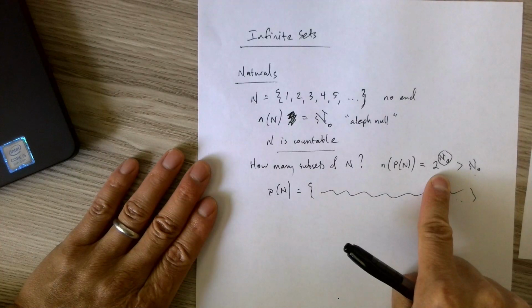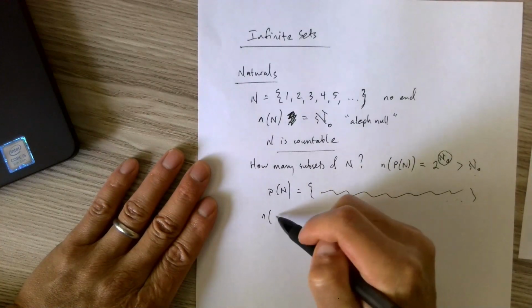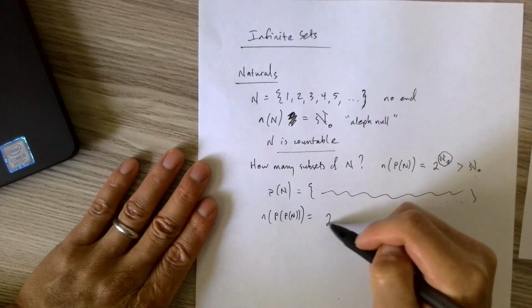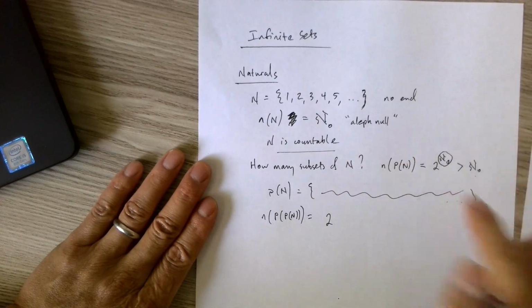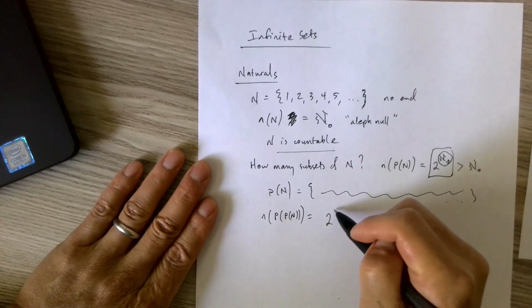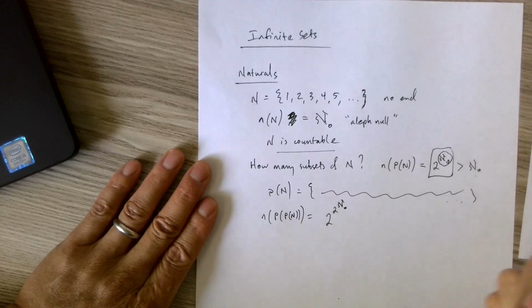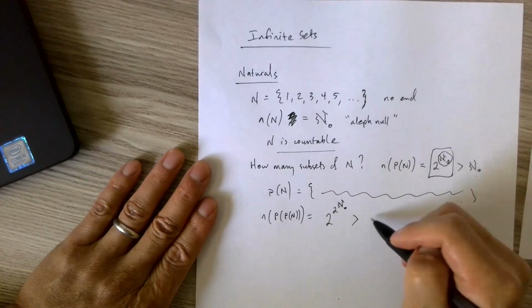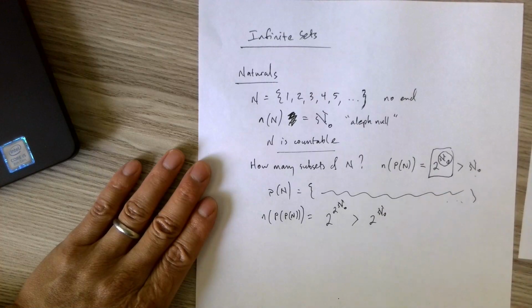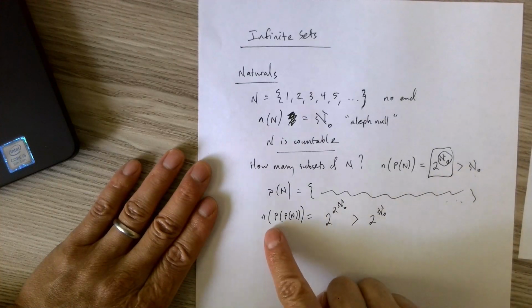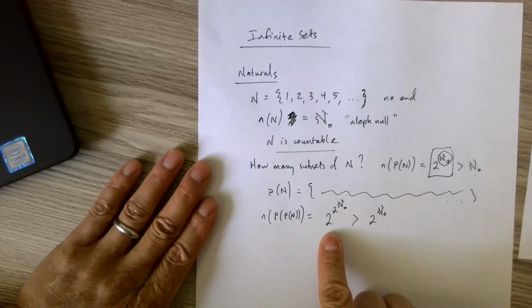So that must mean that the cardinality of the power set of the power set of N is 2 to this thing, 2 to the Aleph null. And that has to be bigger than 2 to the Aleph null. It has to be on another level. So not only did I find a second level of infinity when I found the power set of N, now that I've looked for the power set of the power set of N, I found a third level.